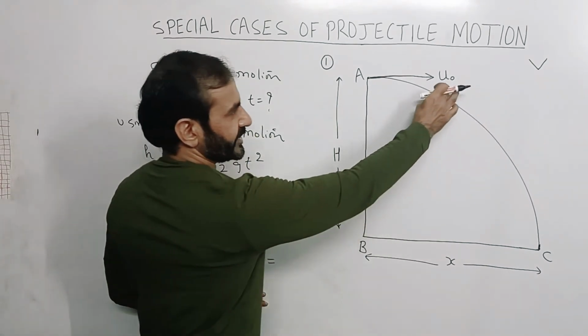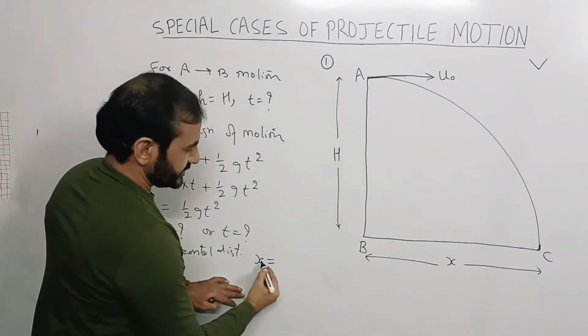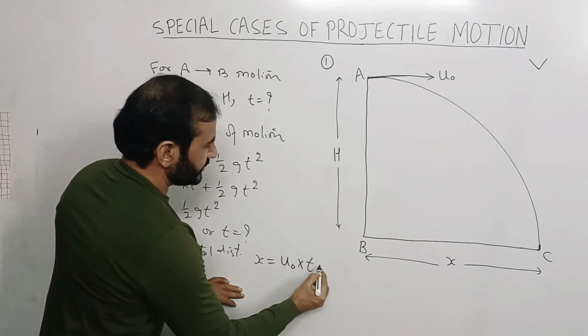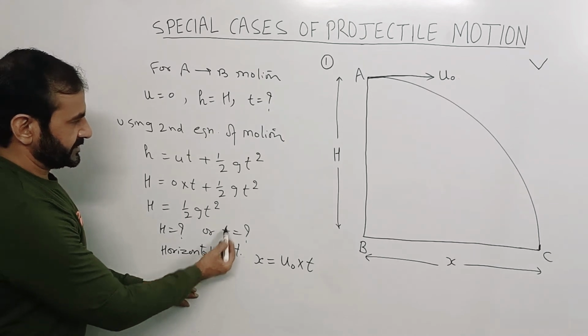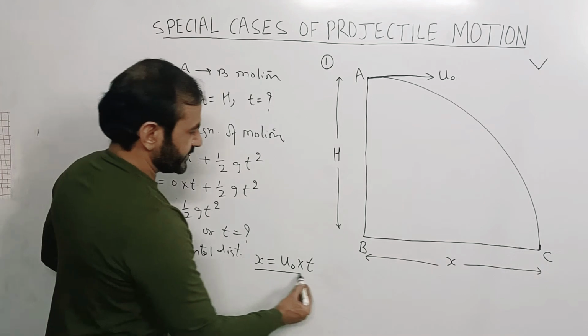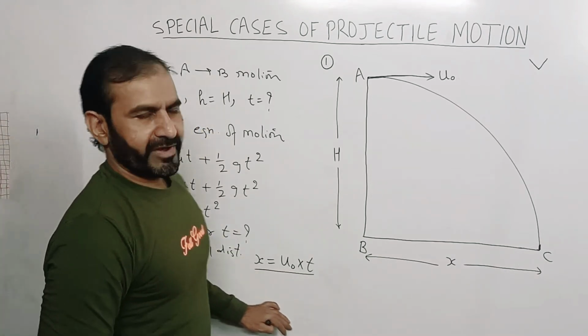That's why it will be constant. And for constant speed, we take distance x equal to speed into time, that is u naught into t, where t is either given to you or you have calculated it this way. Thus, you can find horizontal distance as well as height or time as required.